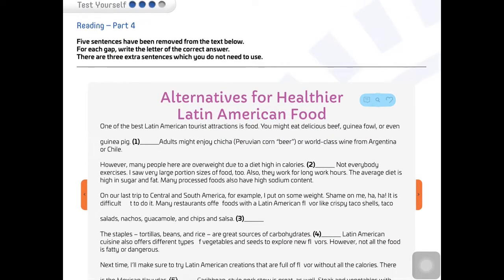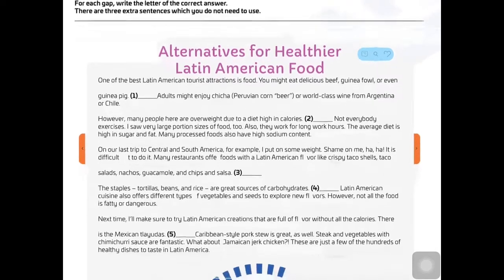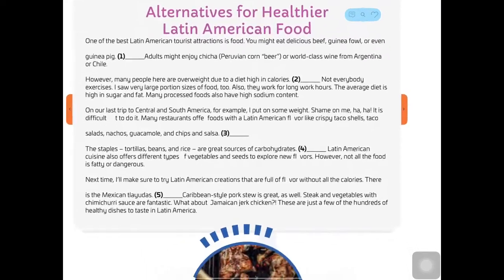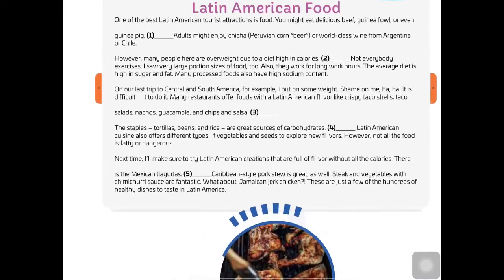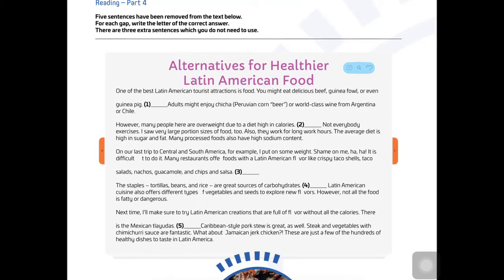Okay, page 42. 5 sentences have been removed from the text below. For each gap, write the letter of the correct answer. There are 3 extra sentences which you do not need to use. Okay? 5 sentences have been removed.